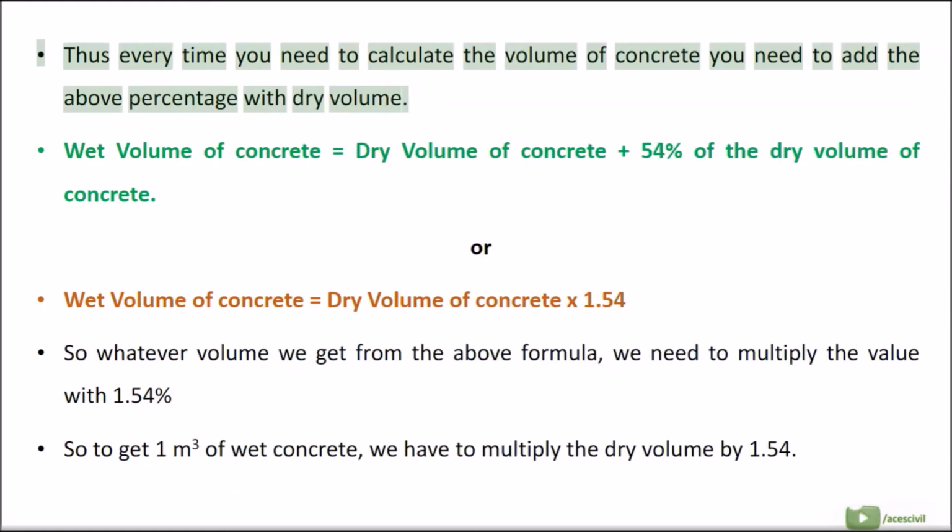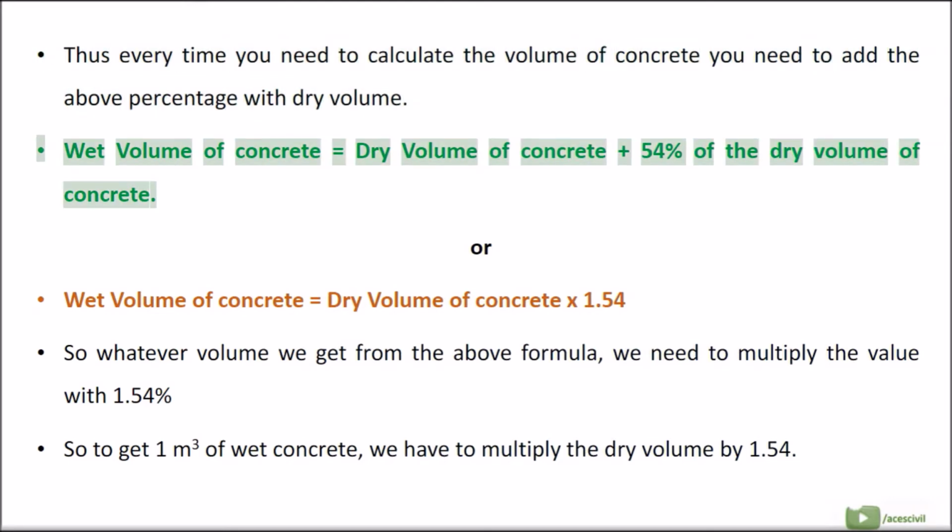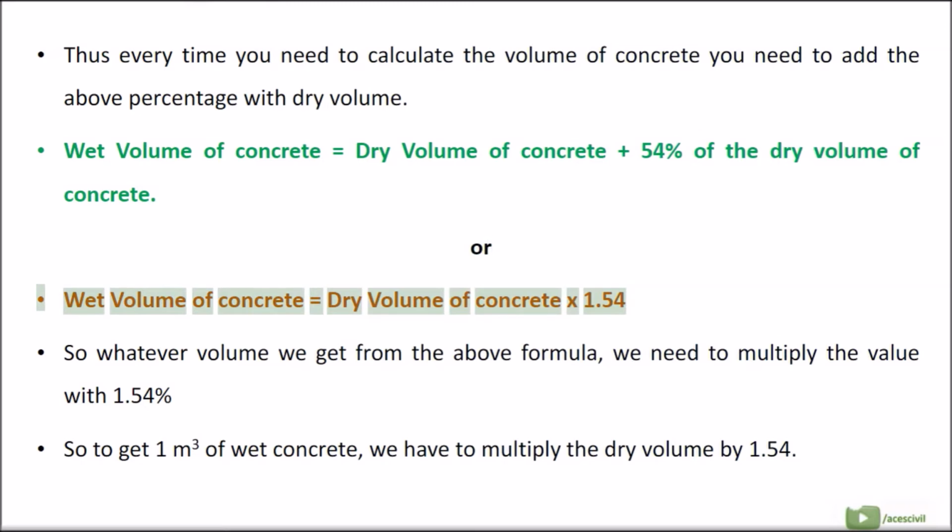Thus every time you need to calculate the volume of concrete, you need to add the above percentage to the dry volume. Wet volume of concrete equals dry volume of concrete plus 54% of the dry volume of concrete, or wet volume of concrete equals dry volume of concrete x 1.54.